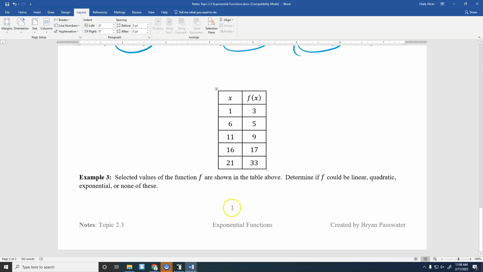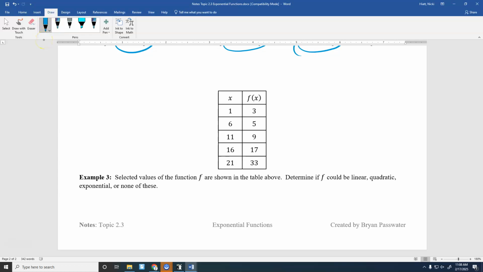Okay, last one here. Selected values of the function f are shown in the table above. Determine if f could be linear, quadratic, exponential, or none of these. This is a little bit of a tricky problem. What's the first thing we always need to check if they give us a table?